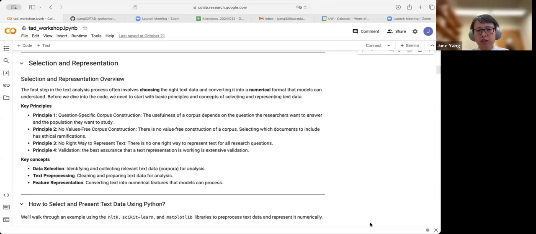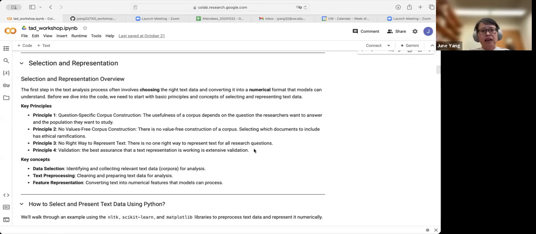Okay, so now let's go to the selection and representation section. And as I mentioned, feel free to interrupt me anytime or post a question in the chat if you're confused about anything. So what is selection and representation? When we work with text data, the first step is always to consider how the models can understand the data we present to them.